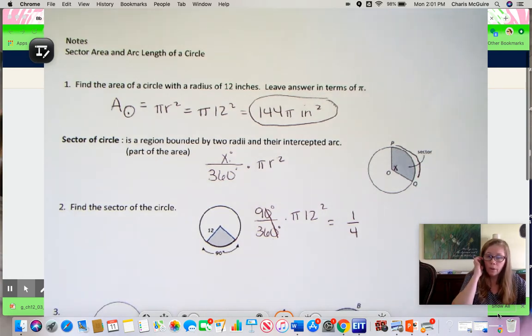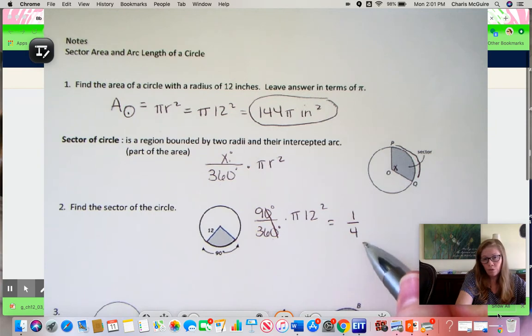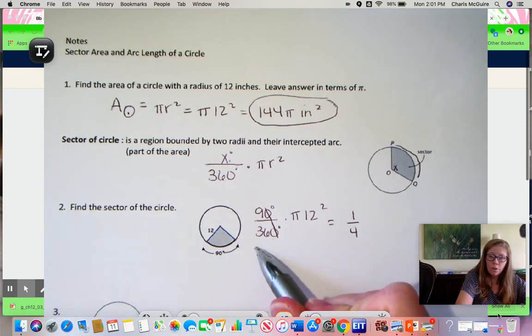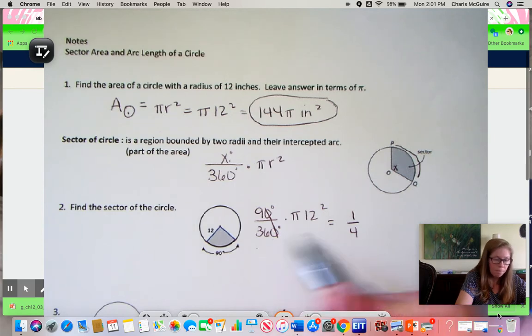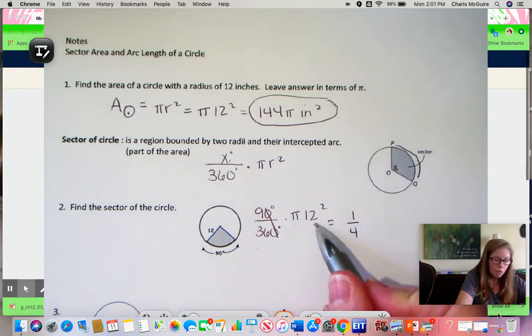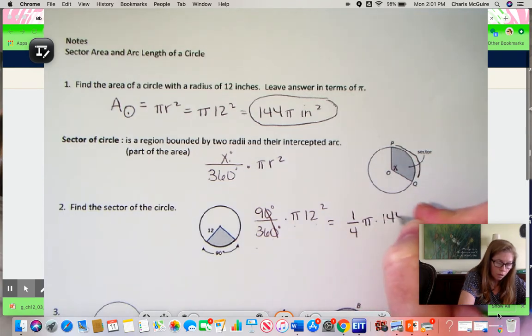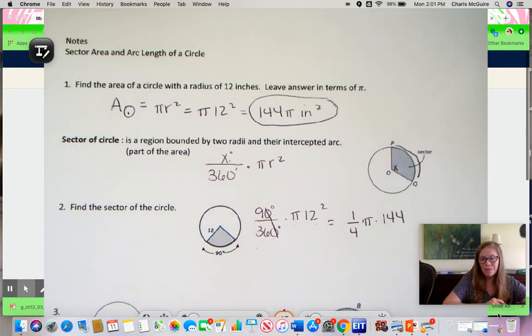So that's a quarter of your circle, 1/4. And if you know that 90 degrees is 1/4 of your circle, you can start off with 1/4 instead of doing the 90 over 360. But if the formula is helping you, then just do it like this every time. So we've got pi times 12 squared. So we have pi times 144. And I would love just to see you leave your answers as exact as possible. I'm not going to go for any decimals in these. We're going to use pi.